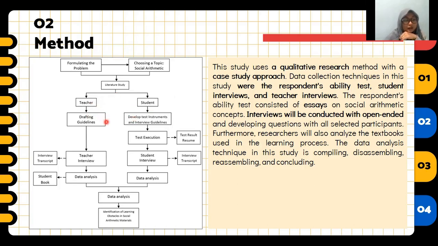I created the drafting guidelines for a teacher interview, and I developed the test instrument and interview guidelines for students. And I did test execution and student interviews. When the data was collected, I did data analysis, and I got the result about identification of learning obstacles in social arithmetic materials in junior high school in Batanghari Regency, Jambi Province.